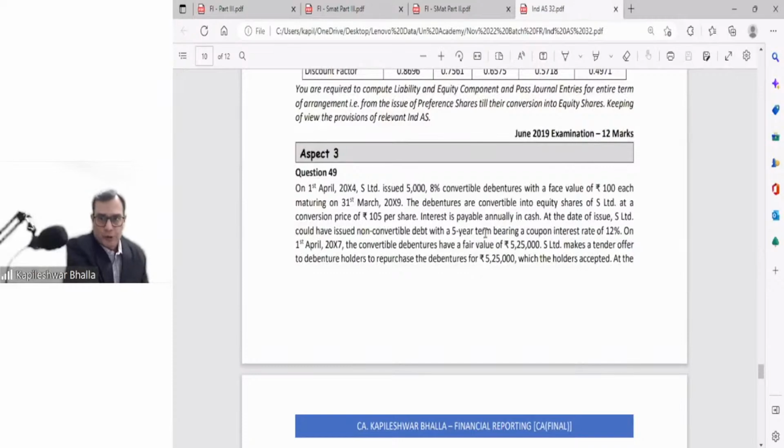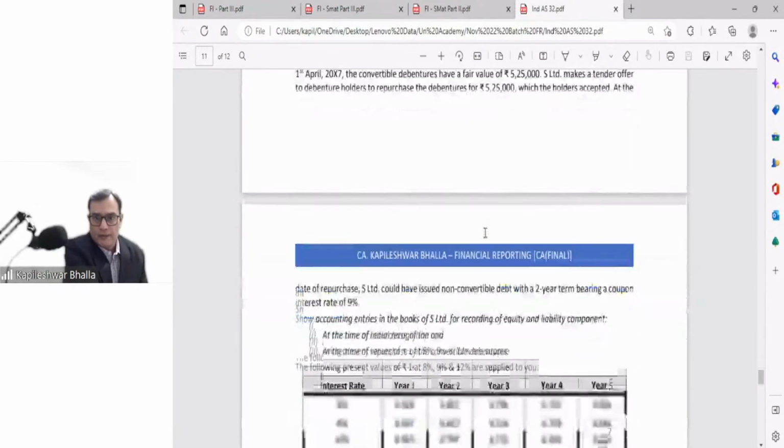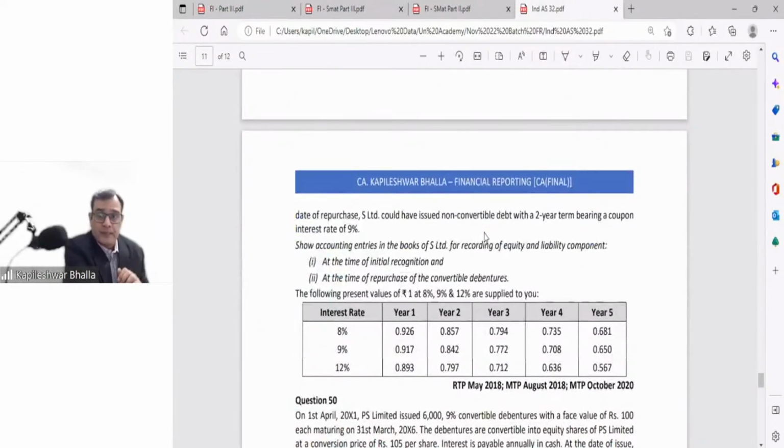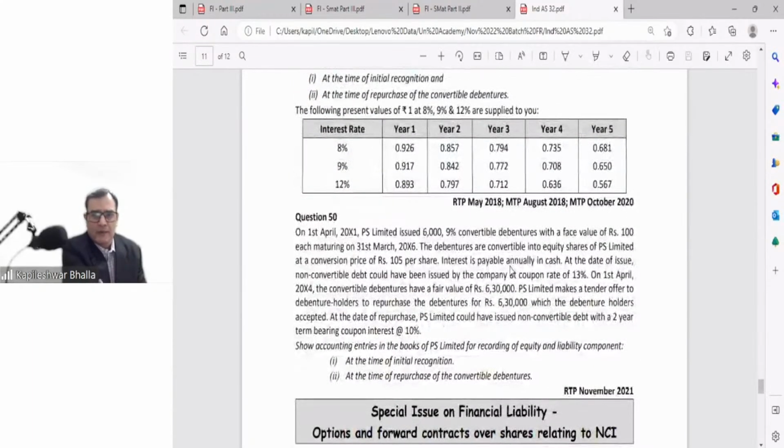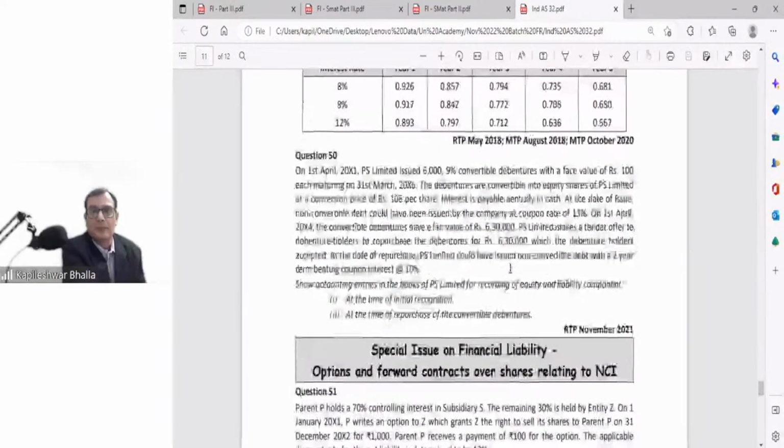I'm taking a question on my own, which came in RTP 2018, and it has come in MTP August 18 as well, and also in MTP October 2020. And if I'm not wrong, another similar kind of question also came in RTP November 21.